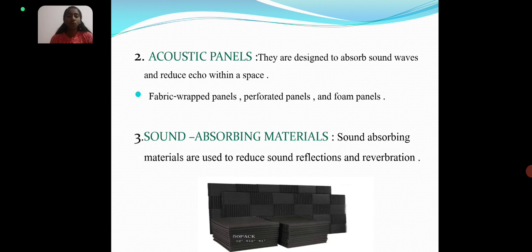That is the use of materials which can absorb the sound. Sound absorbing materials help to reduce the sound, reflections and reverberation. So here we can observe in this picture that the thickness of the material used can resist the sound transmission.